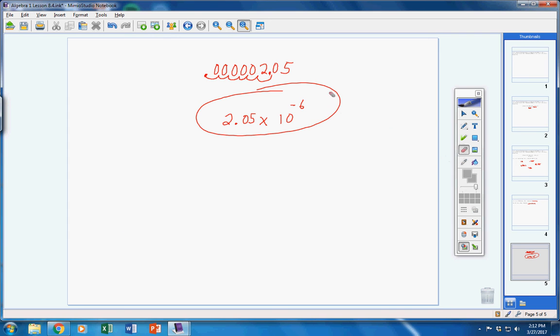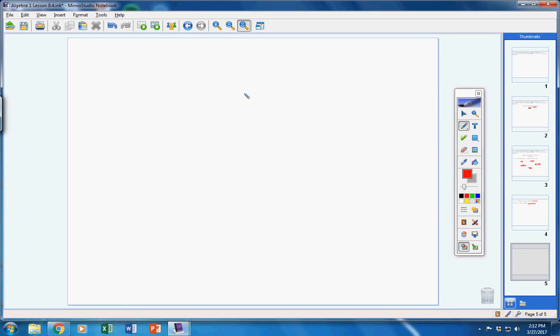Alright, let's try another one. Let's take this number here and let's write it in scientific notation. 6,910,000. Alright, let's write that in scientific notation. We know we're going to put times 10. We don't see the decimal, so we know it's right here. And now we're going to move it to right here. Because if you move it here, you have 1 digit to the left that is a non-zero digit.